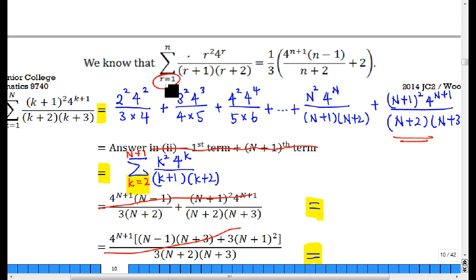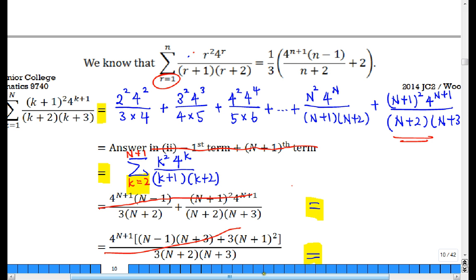I still cannot use this result. You follow what I'm saying? I still cannot use that line over here, because for this result I need to ensure that the first term is r equals 1. But now I have k equals 2. I cannot use it yet.